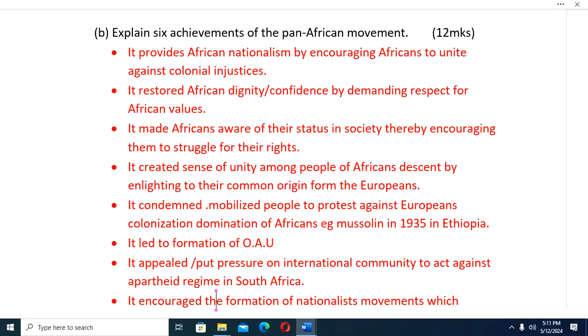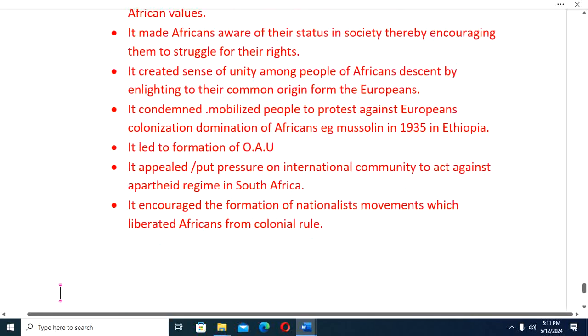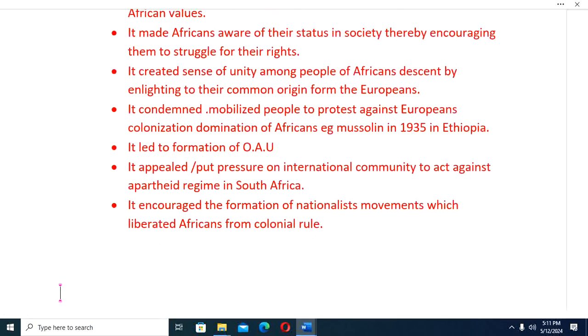Next, it created a sense of unity among people of African descent by enlightening them to their common origin. Next, it condemned and mobilized people to protest against European colonization and domination of Africans, e.g. Mussolini in 1935 in Ethiopia.